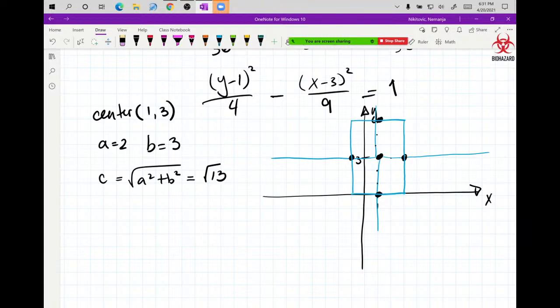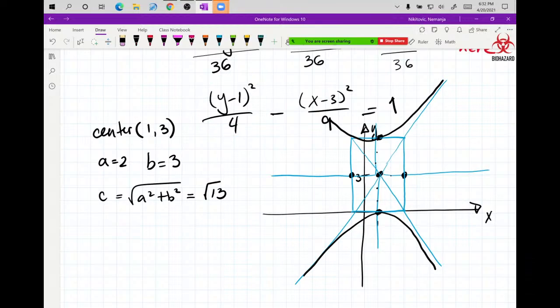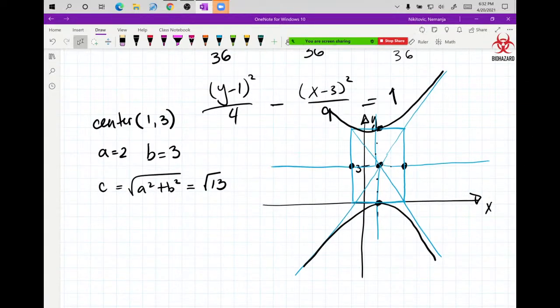But we don't care about the ellipse now. What we care about are these asymptotes. And because we have y, we have to use top and bottom as our hyperbola answer. Focal points, and we are done.